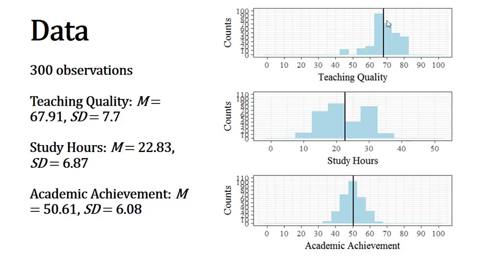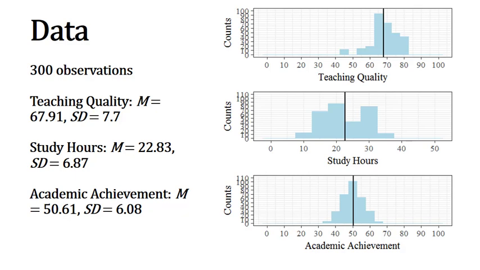The vertical line here represents the mean. In study hours, the mean is 22.8 hours per week, and the standard deviation is 6.87. Finally, academic achievement: the mean is 50.61 and the standard deviation is 6.08.